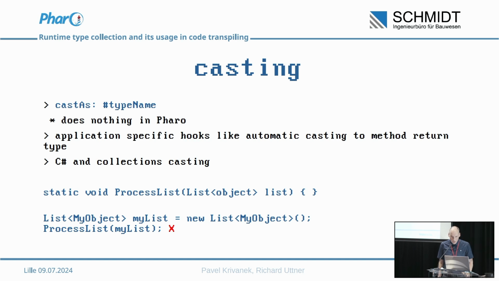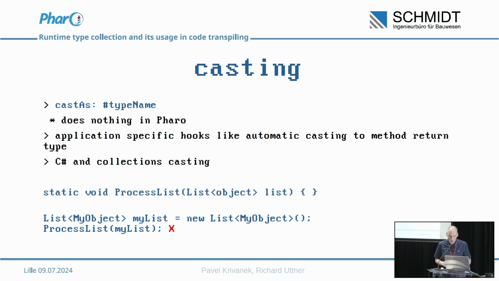C# has a huge issue with converting of lists. So if you have a list of some type and you want to pass it as an argument to a method that wants a list of some superclass of that type, it doesn't work like that.